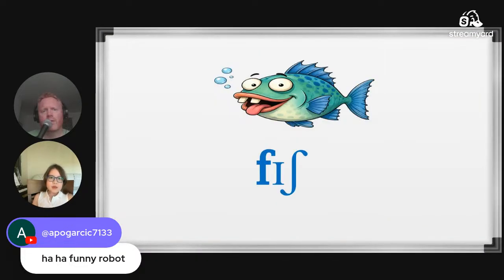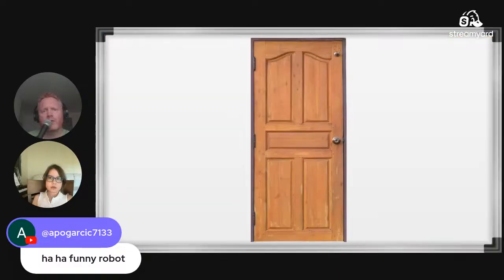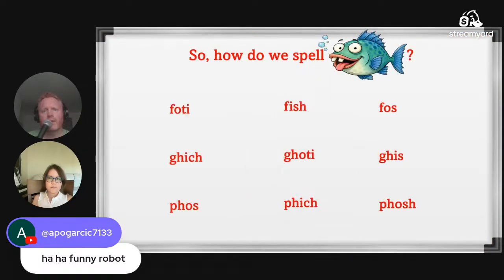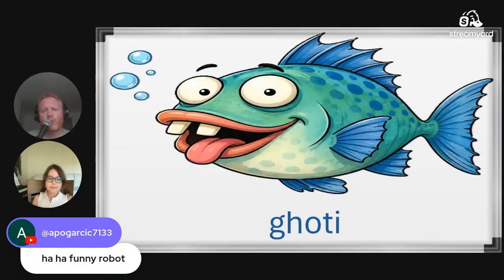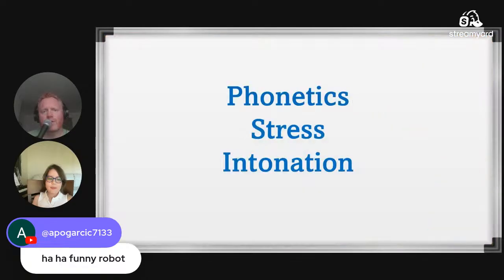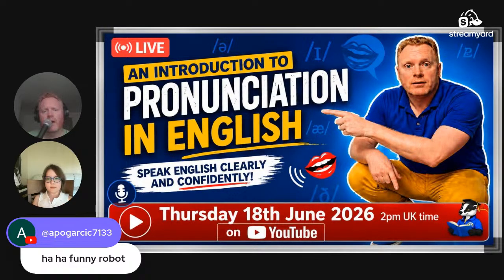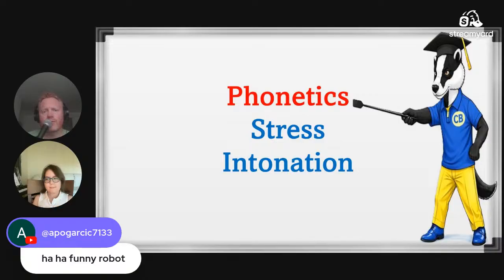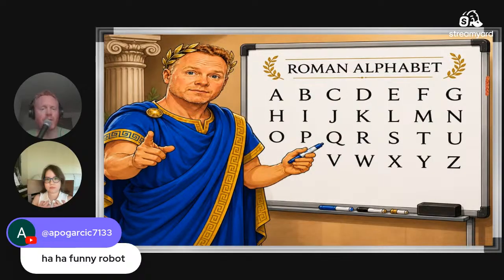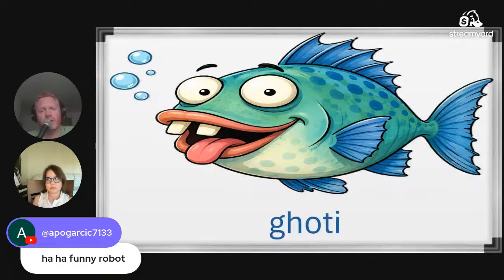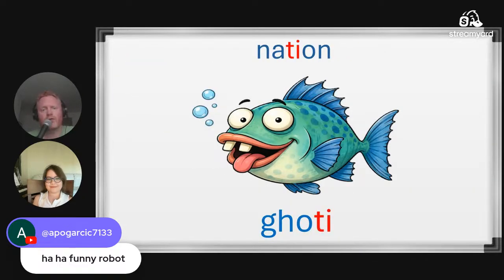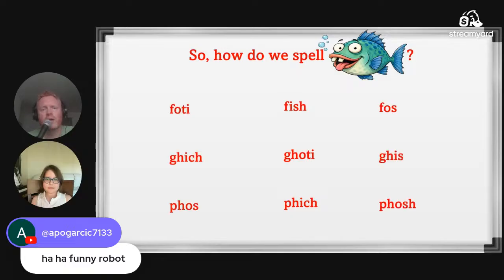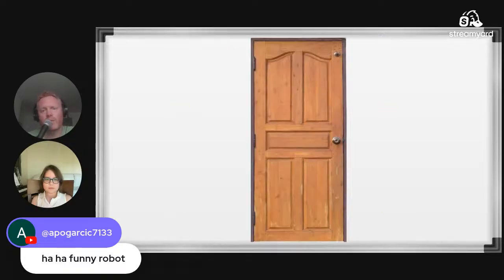I see. Good. So very quickly, we did a quick introduction today to pronunciation. We talked about 3 different parts of pronunciation, which is phonetics, stress, and intonation. Started with phonetics, and we talked about the alphabet we usually use to represent the English language, which is the Roman alphabet. We shared how it has some problems. Especially we used the spelling of the word fish to show that English spelling can be very difficult for people to learn.